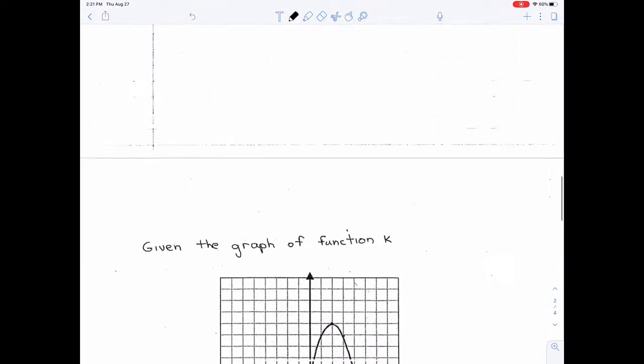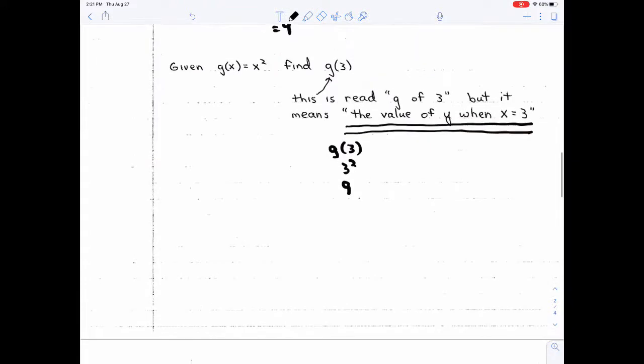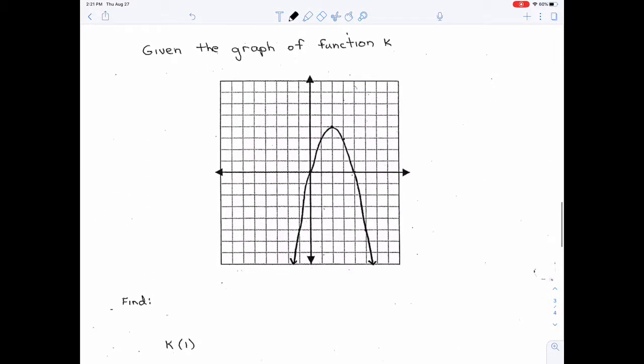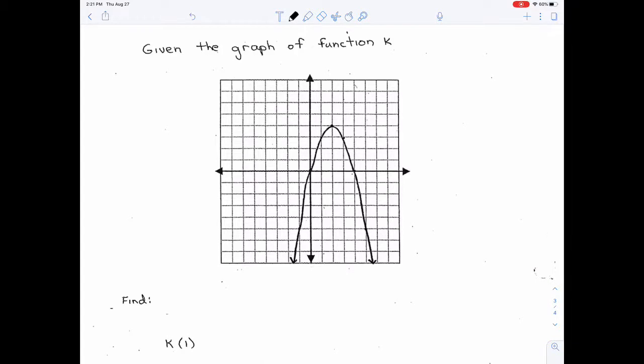Now, if you understand what this means, this should not cause you too much grief. So what I'm going to ask you to do is pause the video, and given that graph of k, find the k of 1.